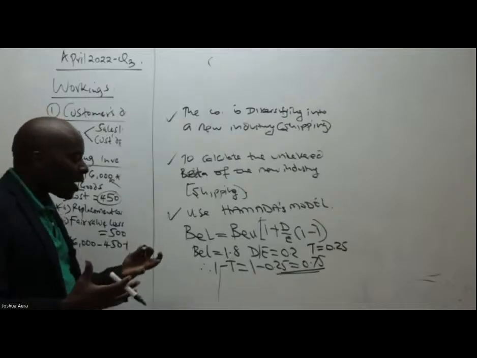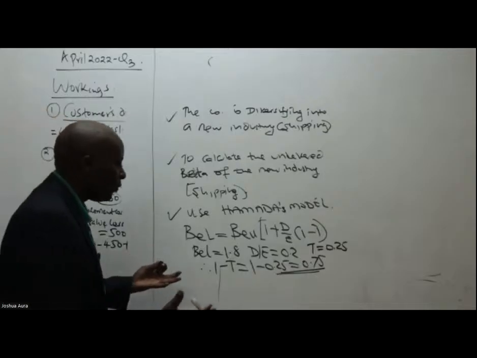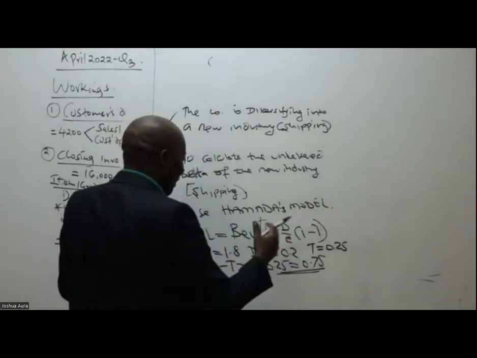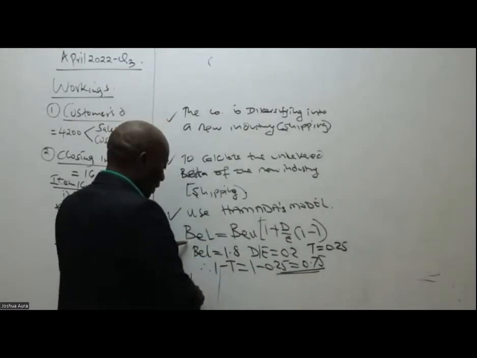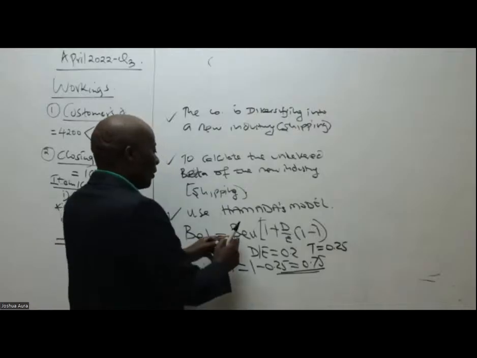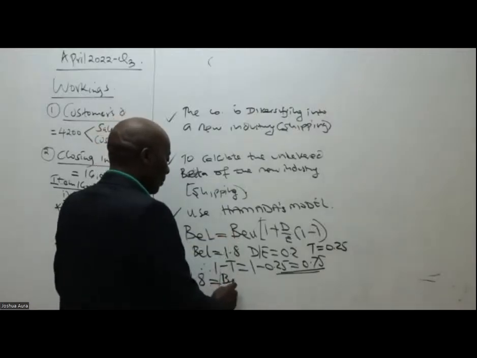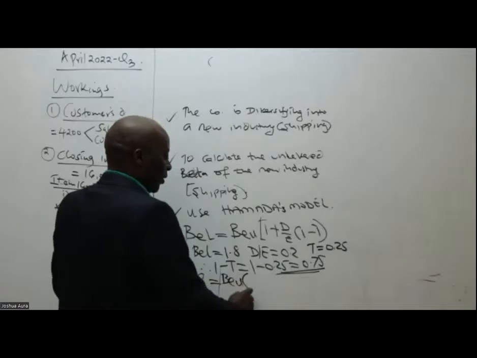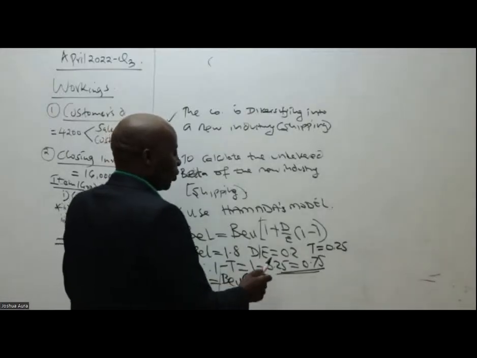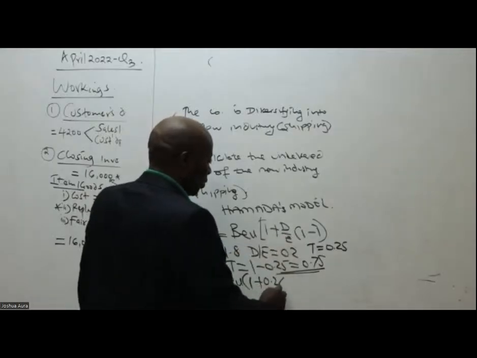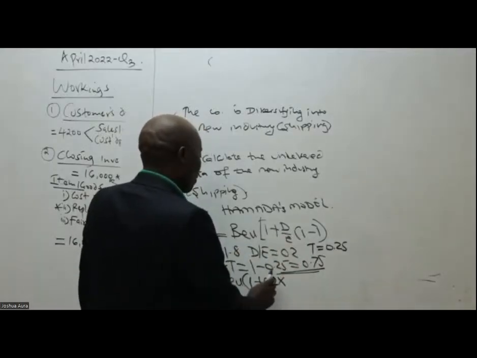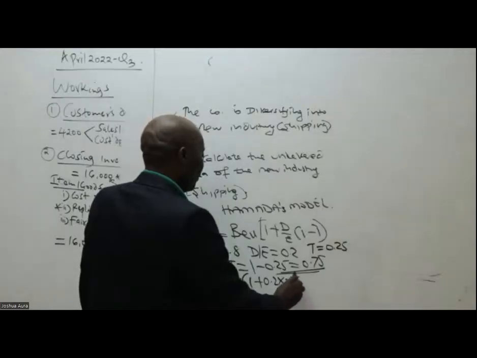Now, could you kindly plug in figures in this Hamada's model. So beta equity of a levered firm here, 1.8, equals beta equity of unlevered times 1 plus debt to equity, which is 0.2, multiplied by 1 minus tax, which is 0.75.